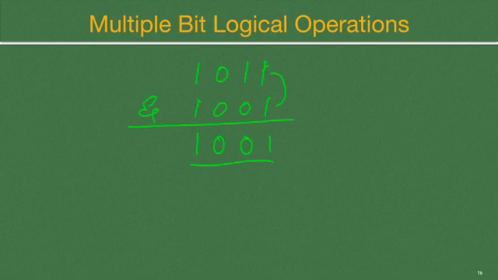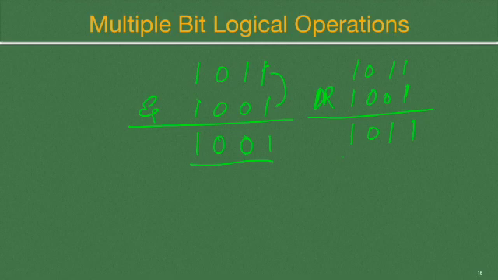Similarly, if I want to perform the OR operation on the same numbers, and I want to perform logical OR operation, instead of using the bar, I will write OR here for clear distinction between 1 and bar. So 1 or 1 is 1, 1 or 0 is 1, 0 or 0 is 0, and 1 or 1 is 1.